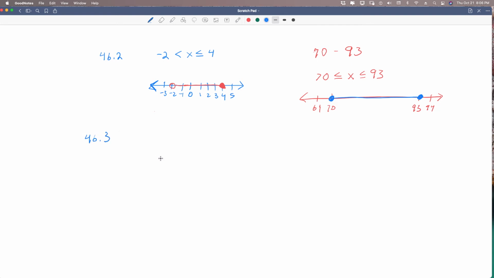We are asked to look at this number line right here and describe the conjunction of this graph. I'm going to use my red pen and illustrate the conjunction.